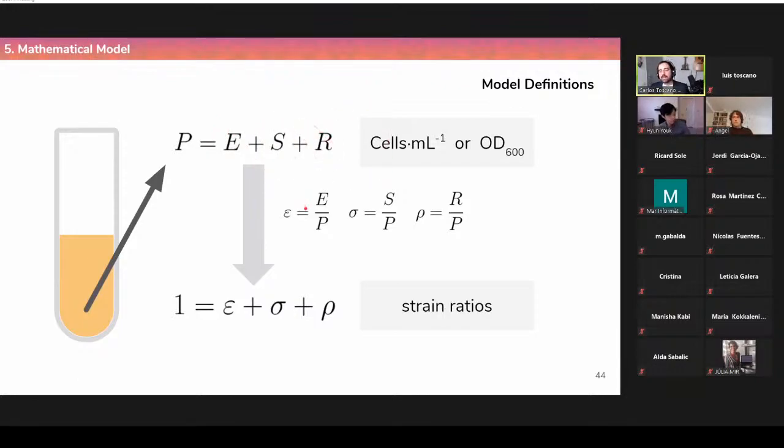But actually, we are going to be working with the ratios, the strain ratios. Epsilon for the ratio of emitters in the whole population, sigma for the ratio of zinc in the whole population, and rho for the ratio of receptor in the whole population. And the ratios will remain constant, and they add up to 1 for whatever combination of the 3 strains.